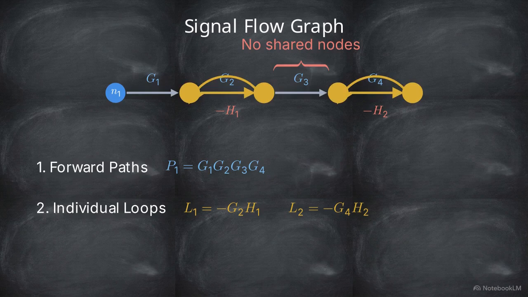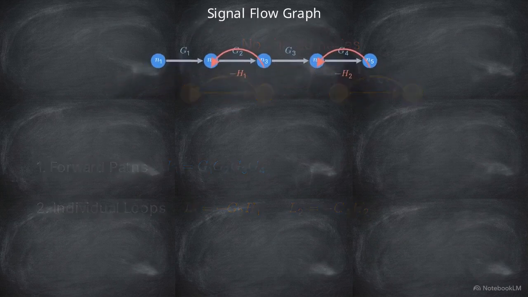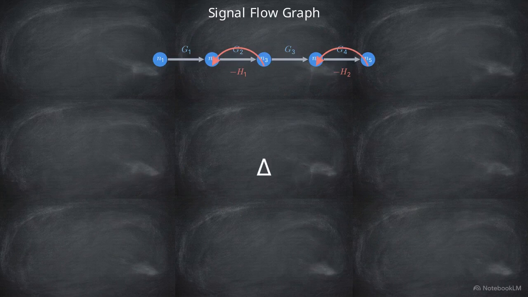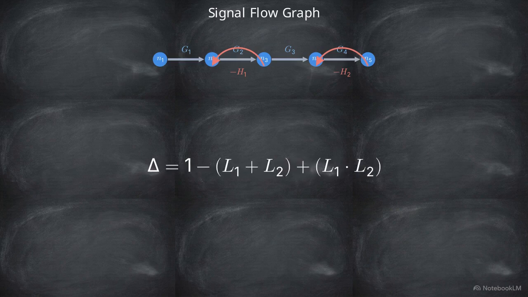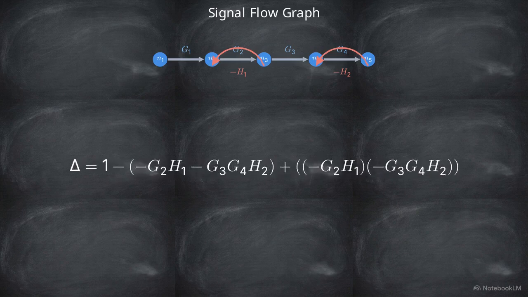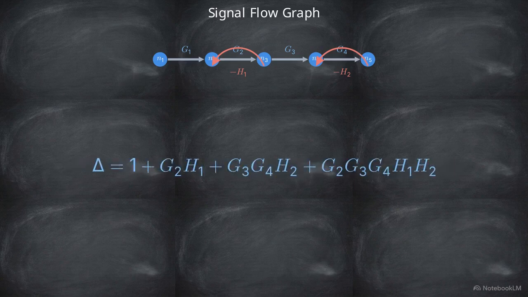Now we use those loops to construct the graph determinant, denoted by the symbol delta. The formula for delta takes 1, subtracts the sum of the individual loops, and adds the product of any non-touching loops. We expand those loop variables, replacing L1 and L2 with their respective gain and feedback terms. Distributing the negative signs cleans up the expression, giving us our final delta.